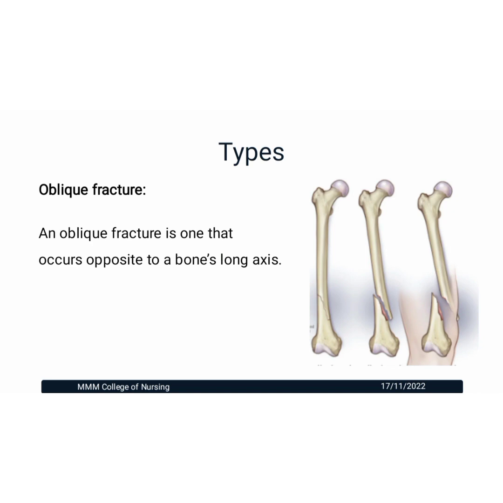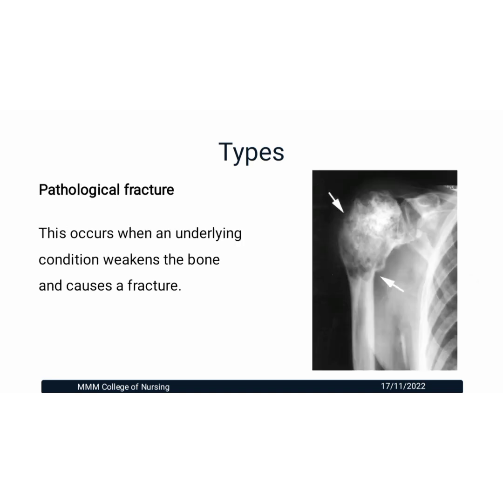Oblique fracture: an oblique fracture is one that occurs at an angle to a bone's long axis. Pathological fracture: this occurs when an underlying condition weakens the bone and causes a fracture. It's very common in osteoporosis.